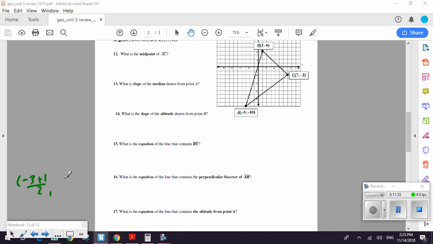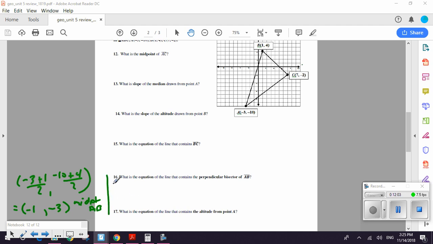And then we would have -10 plus 4 over 2. -3 plus 1 is -2. -2 divided by 2 is -1. Then -10 plus 4 is -6. -6 divided by 2 is -3. So this is the midpoint of AB.